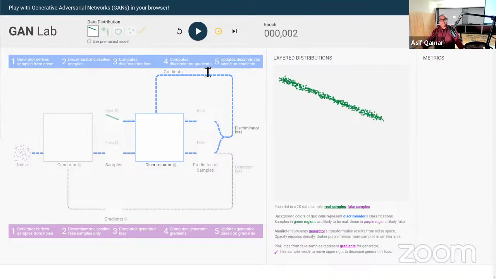Blue is the life cycle of the discriminator, the cop. Purple is the life cycle of the crook. Does it make sense, guys? Think the blue, think like a cop. Generator will give it, discriminator classifies a sample whichever way, computes discriminator loss, the cop loss, computes discriminator gradient, updates the discriminator on gradients. So both ways it is going to do something.